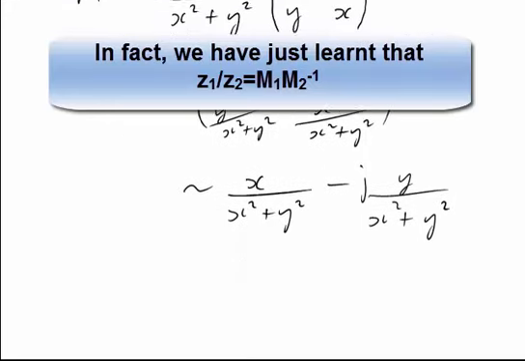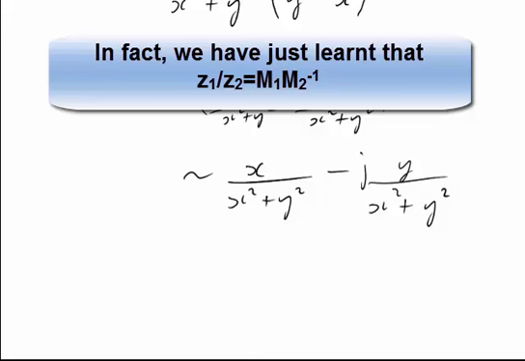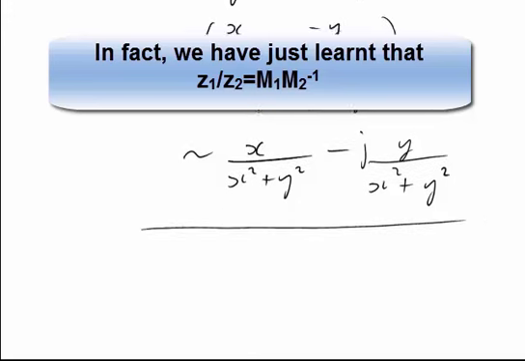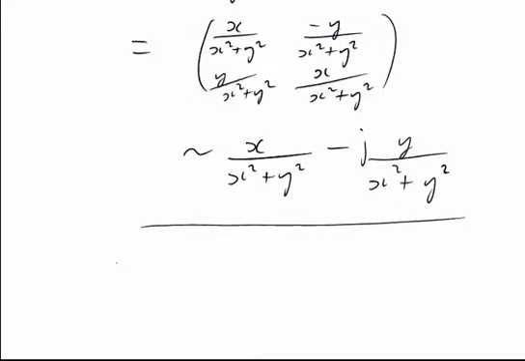Let's do an example with some actual numbers, but now not a reciprocal, but actually one complex number divided by another. Suppose we want to look at, let's say, 2 plus j divided by 3 minus 2j.